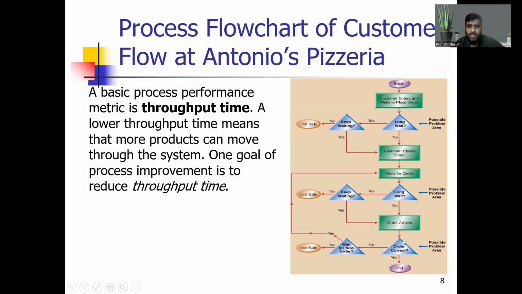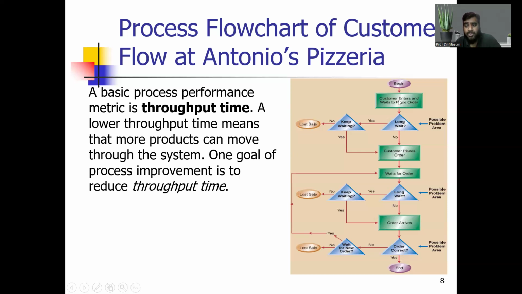So if your total production time is low, say for example, if it takes 1 minute to produce a product, you can produce 60 units in an hour.